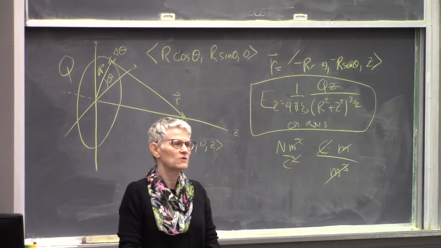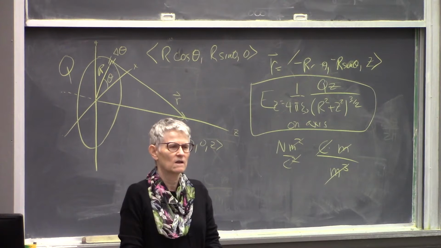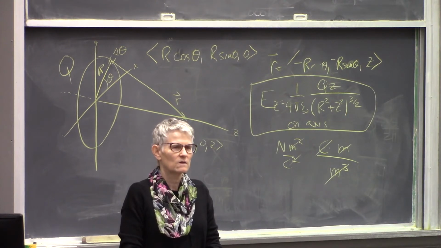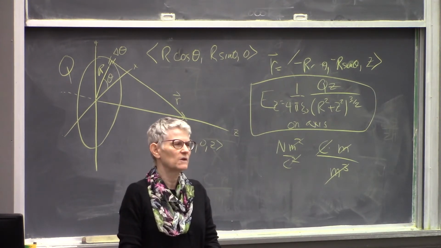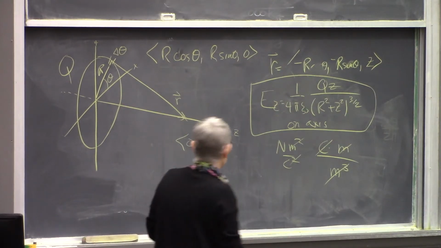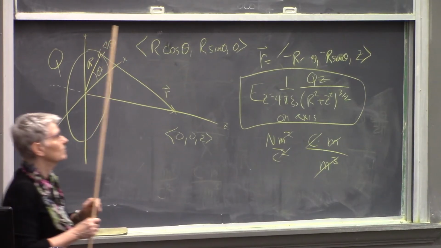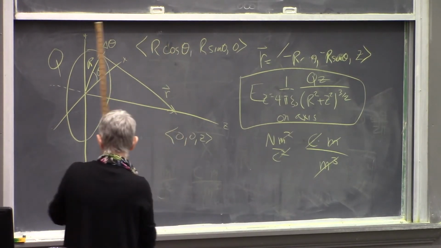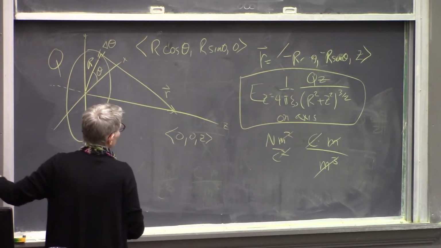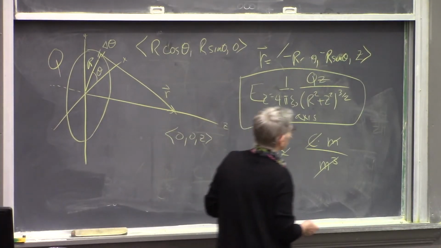So there's one other special case we can check. What should the electric field be if our observation location is actually at the center of the ring? It should be 0. It should. So let's see if that works out.